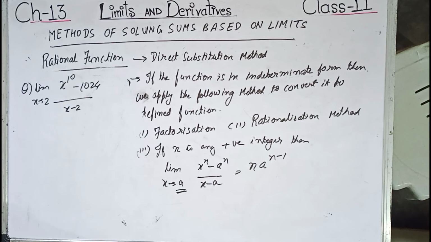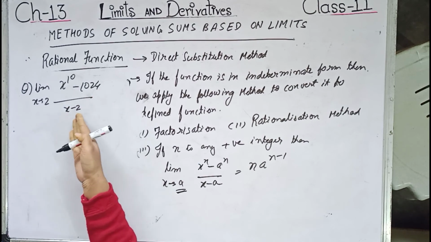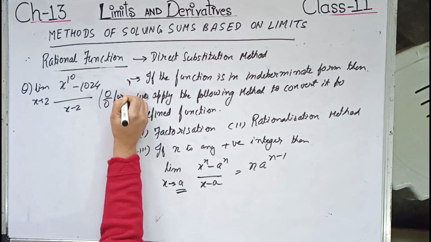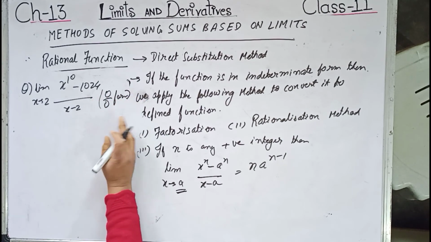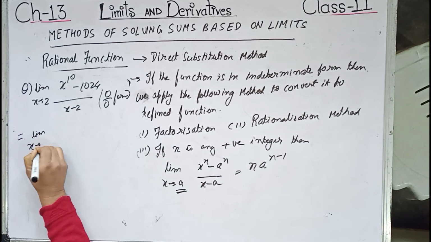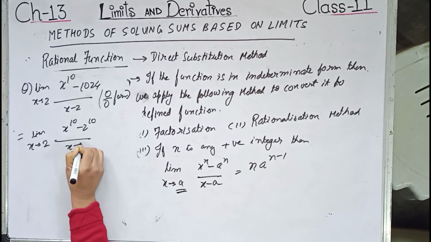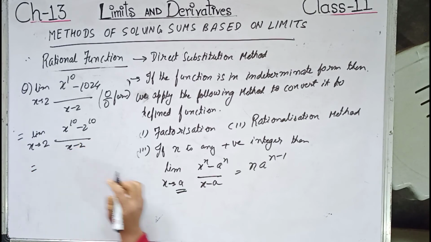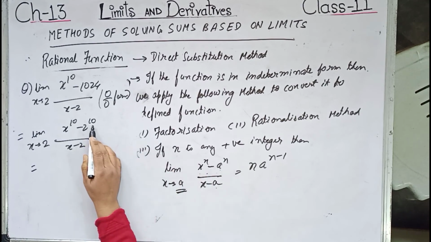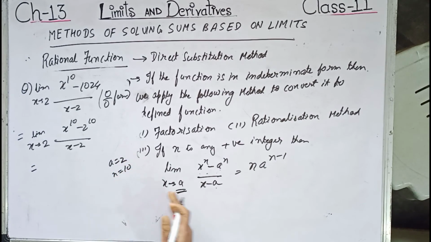Now if we put x equal to 2 over here, 2 power 10 is 1024, so 1024 minus 1024 is 0, and 2 minus 2 is 0, so this is 0 by 0 form. Now we will be using the formula over here. So this will be equal to limit x tending to 2 of (x to the power 10 minus 2 to the power 10) by (x minus 2). In the formula, (x power n minus a power n) divided by (x minus a), a is 2 and n is 10. So n a power n minus 1.